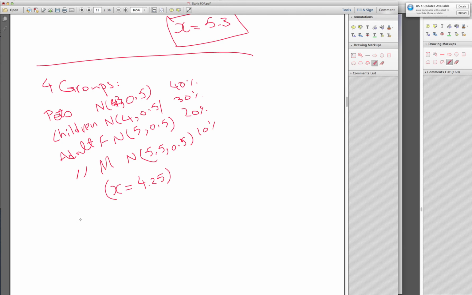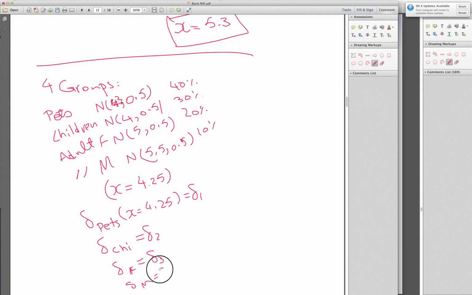So I'm not suggesting that, but you can easily find the discriminant scores for pets, let's say for x equal to 4.25. Let me call it delta 1. You can do it for children, let's call it delta 2. You can do it for females, that will be delta 3.